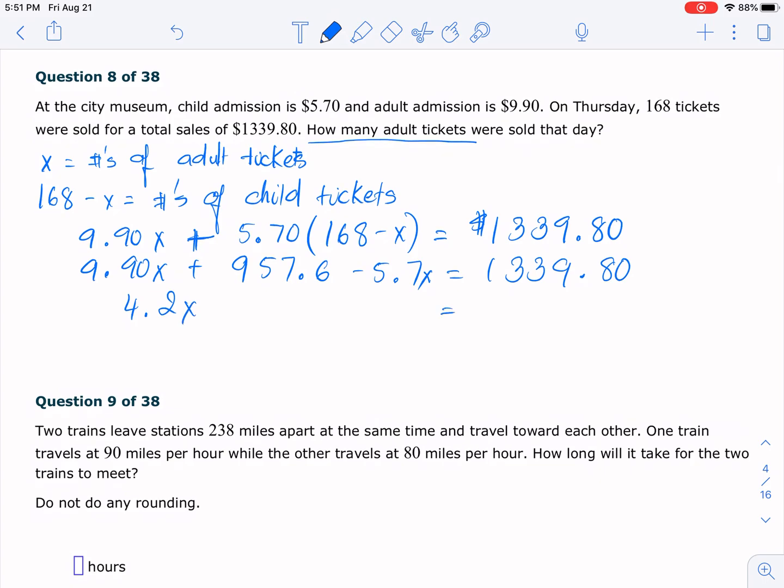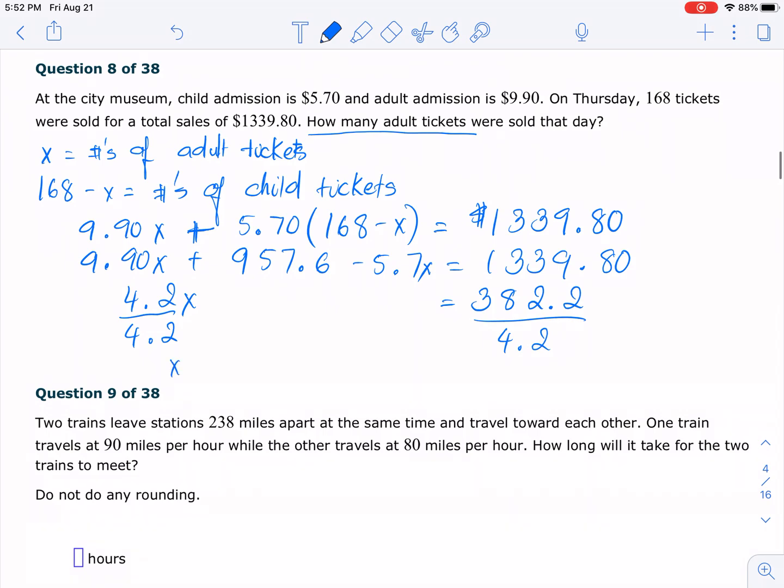I'm just going to subtract 957.6 over. And then we divide by 4.2. We get 91 tickets.